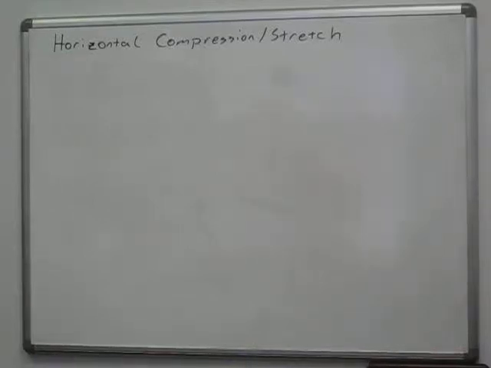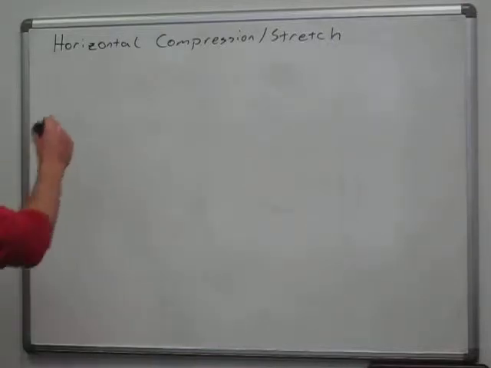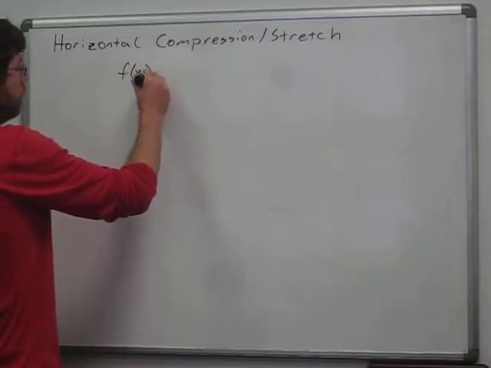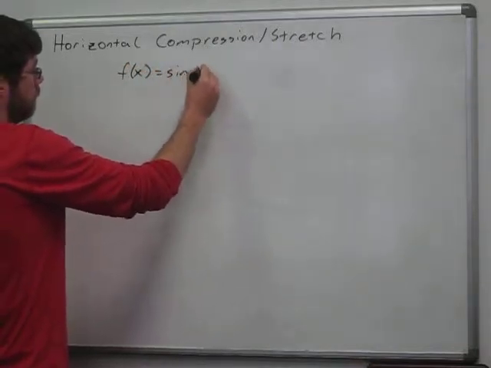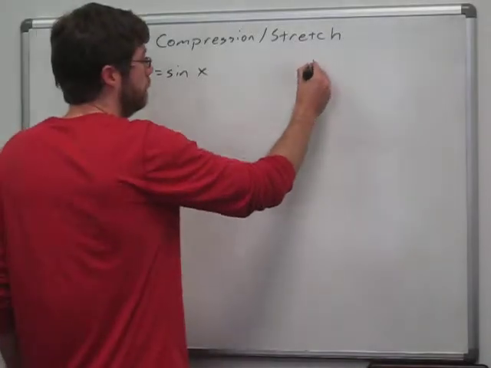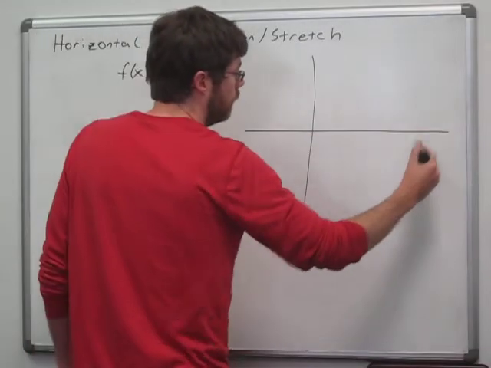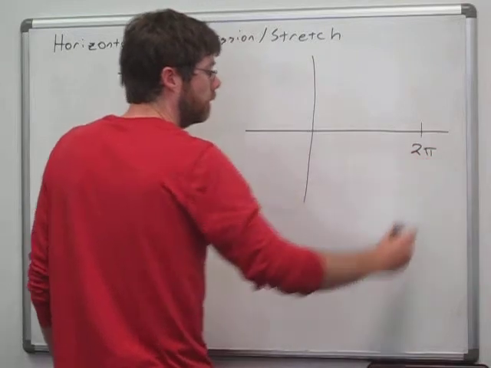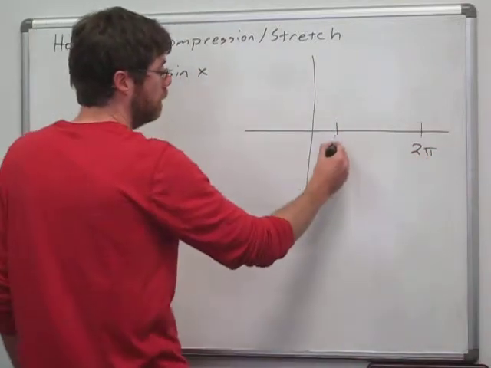I'd like to spend this video talking a little bit about the horizontal compression or stretching of graphs. As an example, let's look at the graph of the basic sine function. That's going to have a period of 2 pi.